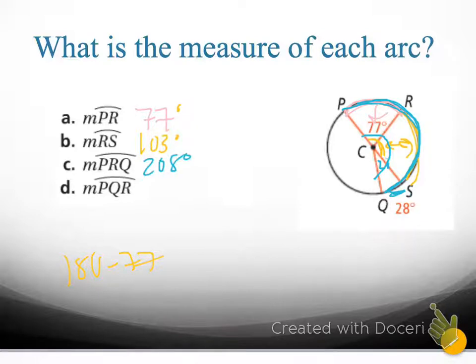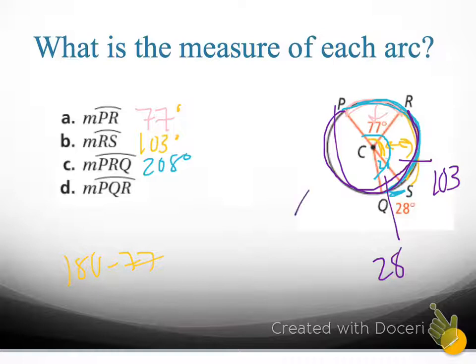Okay, and then my last one here is PQR. So this direction. We know this one is 28. We know this one is 103. We need this one. Well, if you look, this creates a 180 degree line. So if I take 180 minus that 28, I get what's left for this, which is 152.